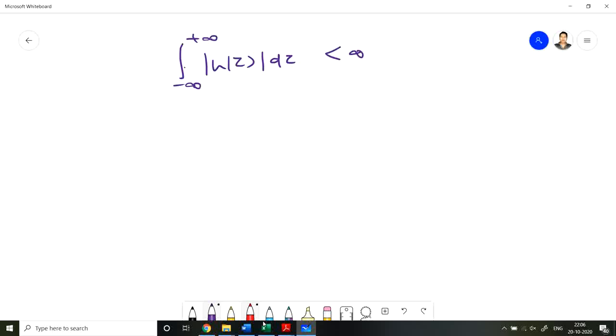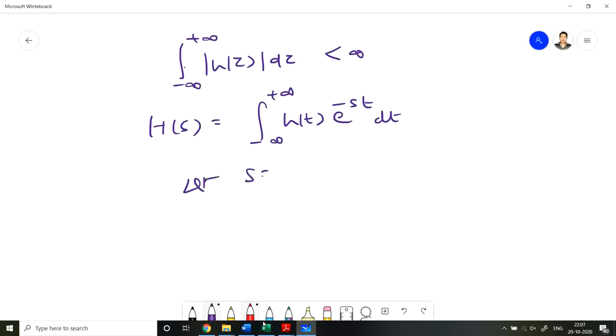The Laplace transform of the impulse response is given, that is, the integral from minus infinity to plus infinity of h(t) e raised to the power minus st dt. So let s equal j omega.